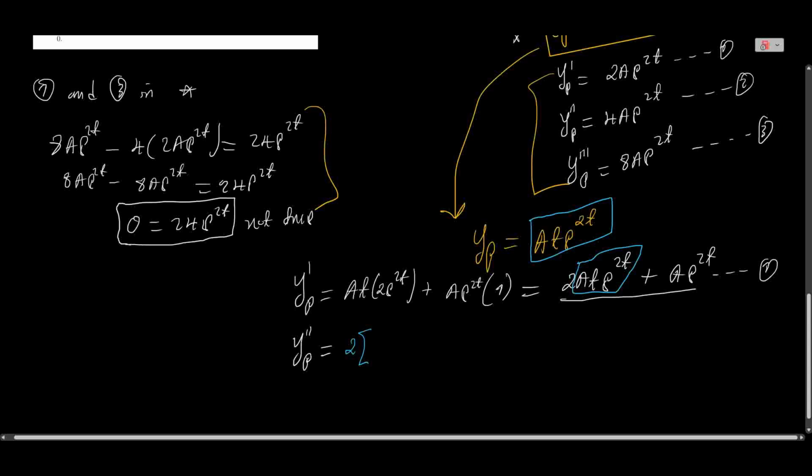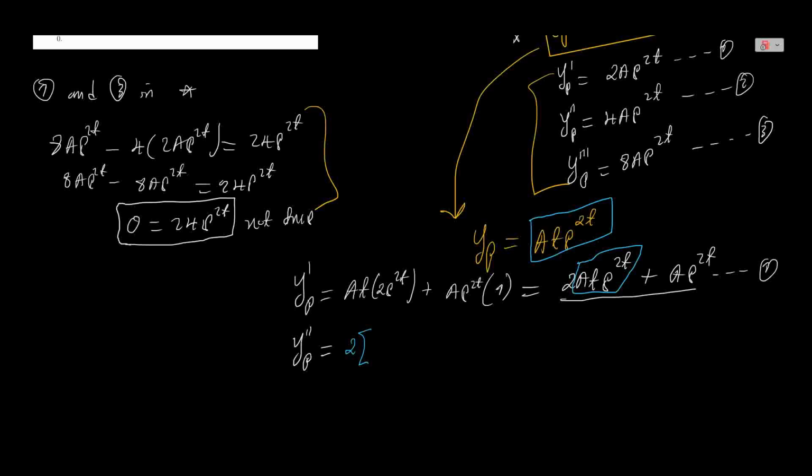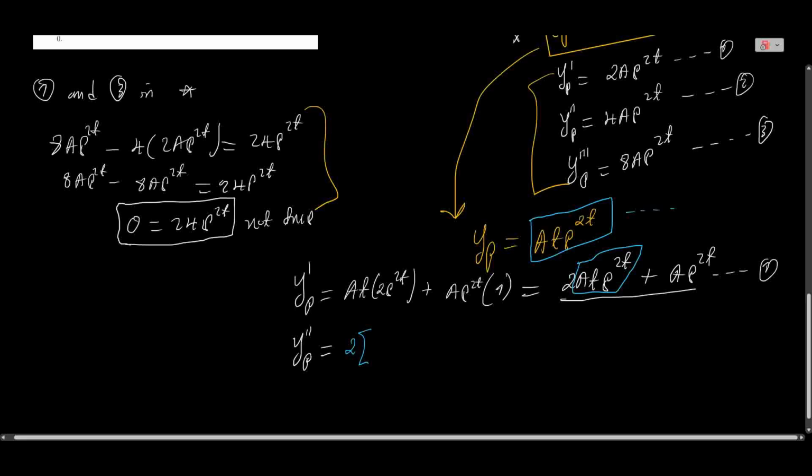We saw that when we differentiated a t e raised to the power 2t, we had all of this, so there'll be no need for me to recalculate it here. These are just tricks, right? What I just need to do is copy this here.